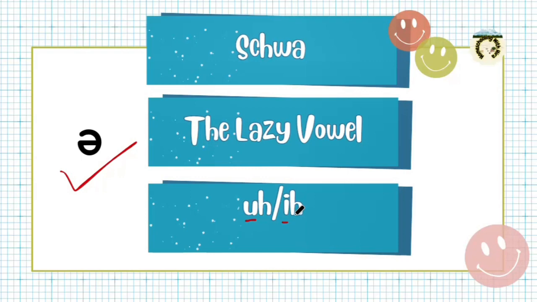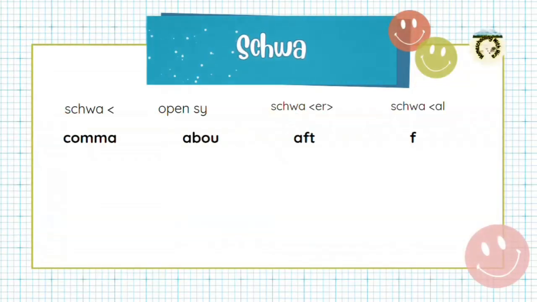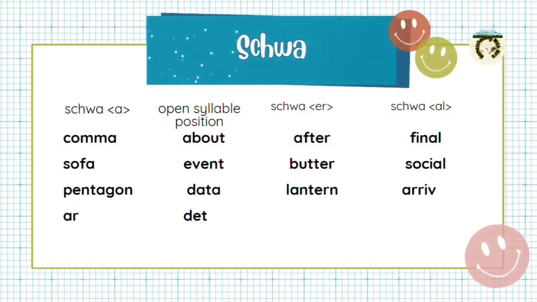It's a lazy vowel sound, and any vowel can make this sound in an unaccented syllable. It means unstressed syllable, right? So if you want to learn about the rules that schwa follows, how and when to teach this to kids, you will find everything in the video that I am giving in the description box.